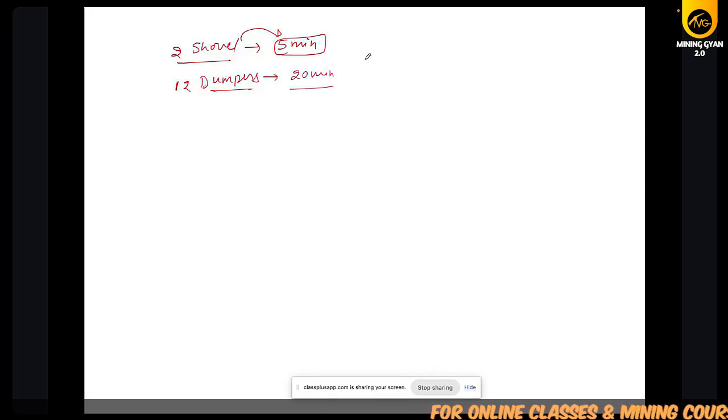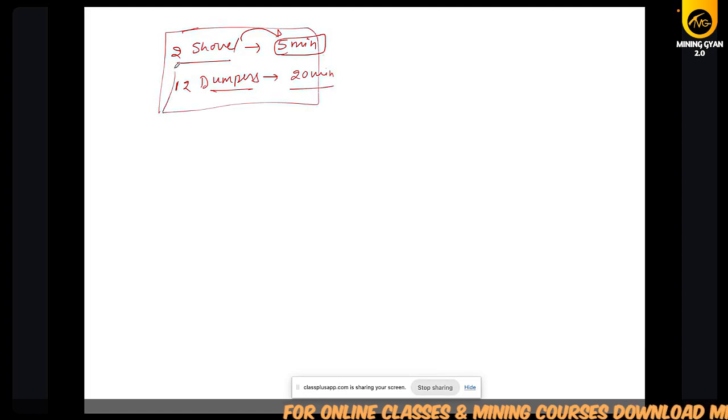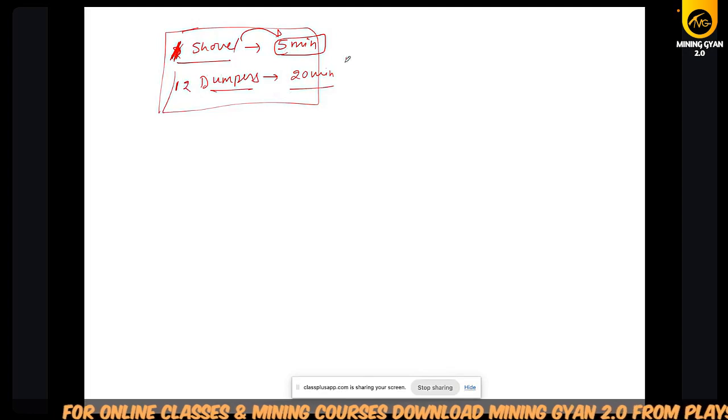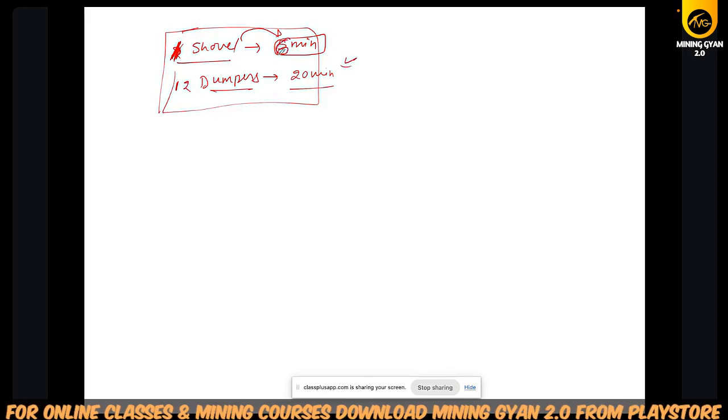Practice at home. Or, for an easier one: one shovel and 12 dumpers, it can fill in 6 minutes, and the cycle time is 10 minutes. Solve this question and find out the match factor.